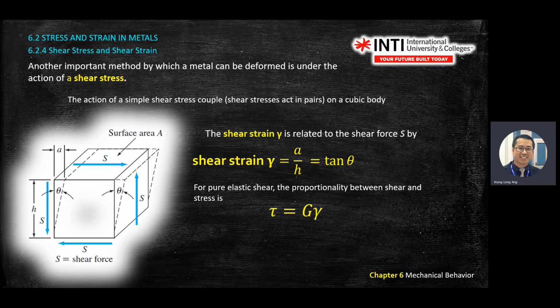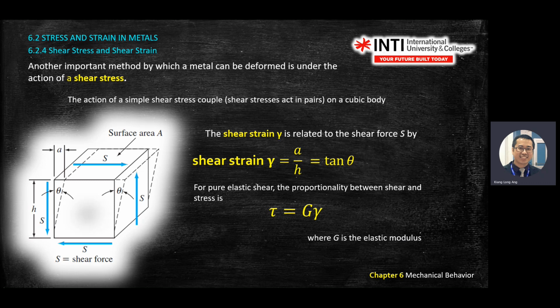So if you have pure elastic shear, again, what does elastic mean? It can go back to its original shape or position after you remove the forces or loading. It will give you this equation, relating shear stress and shear strain.